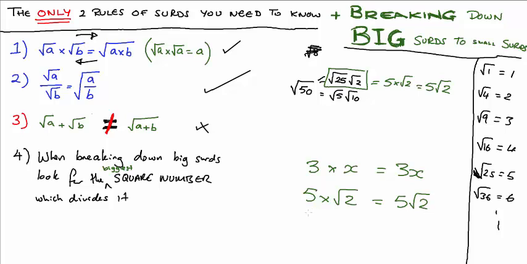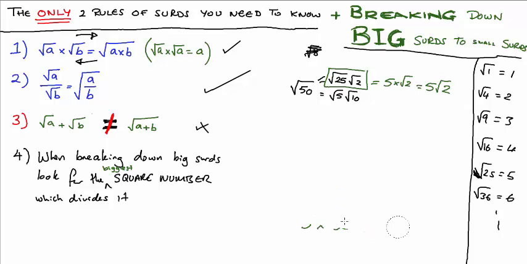Same reason. I'll put right underneath 5 times x, that would equal 5x. So if you see something like 10 root 3, that literally just means 10 times root 3. Hopefully that makes sense. So this is what I want you to get comfy with, breaking down these big surds.